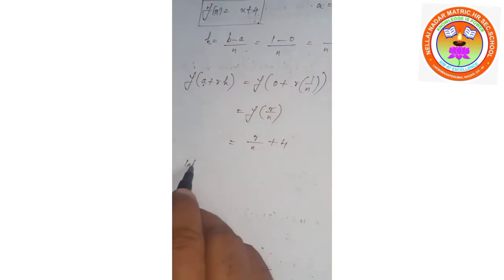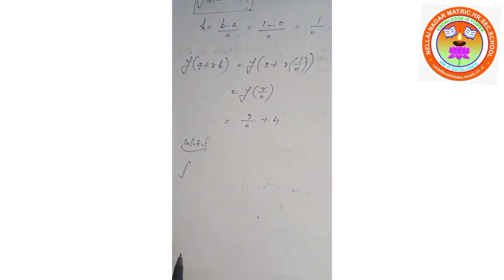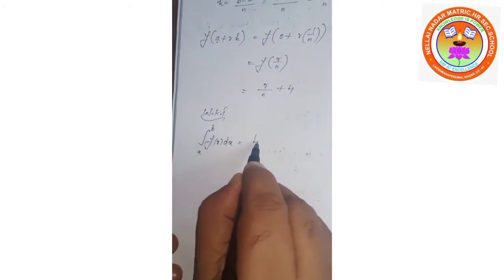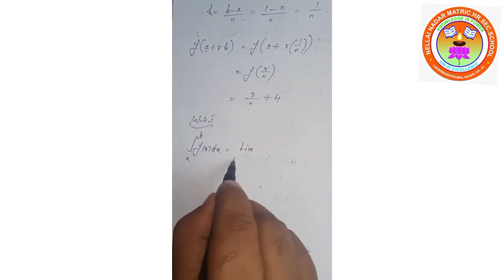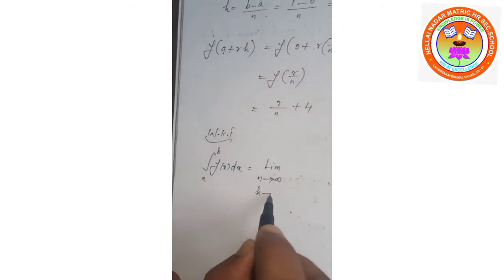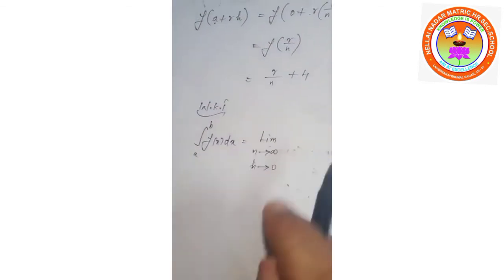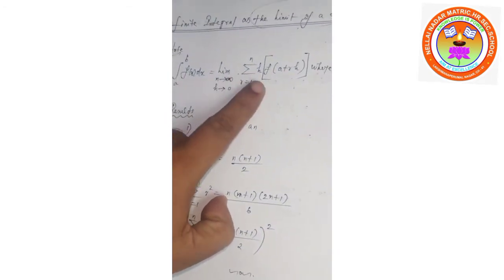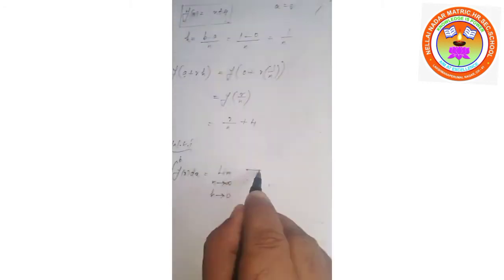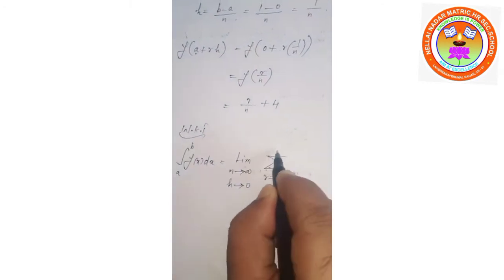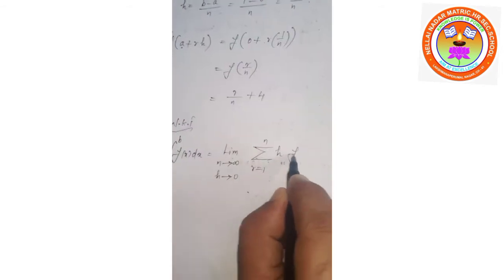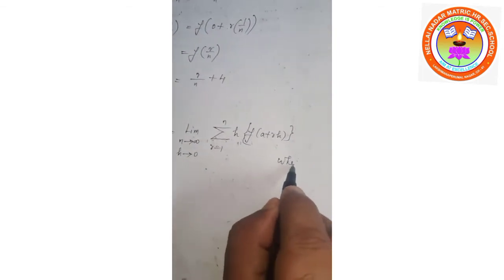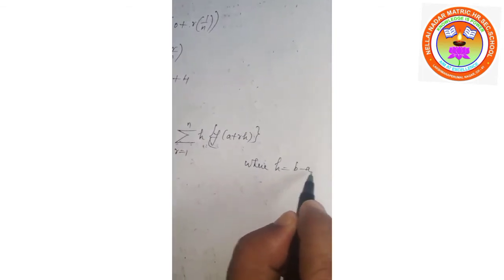We know that integral a to b f of x dx is equal to limit n tends to infinity, h tends to 0, sigma r equals 1 to n h into f of a plus r into h, where h equals b minus a by n.